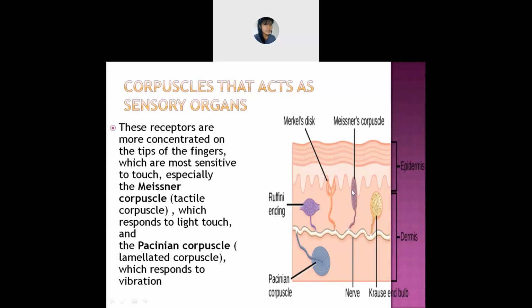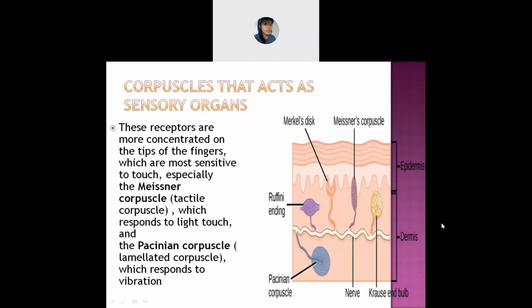I'll give you one example. If someone places some cotton, by the slight touch of that cotton, you'll be able to know it.